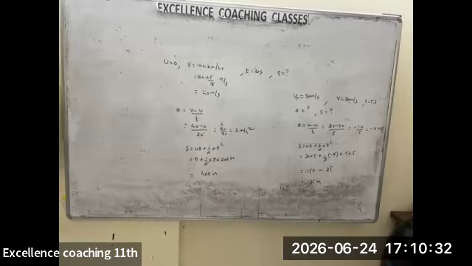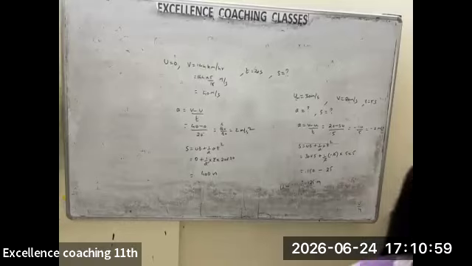Okay, next question. The position of a particle is given by r equal to 2t plus 3t square units. Find the instantaneous velocity at t equal to 1 second. Quickly solve it. Your displacement is given in terms of t.